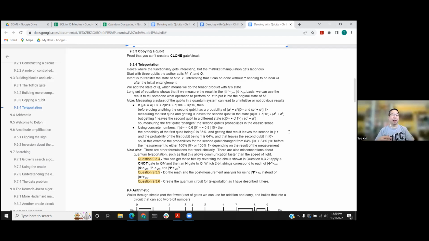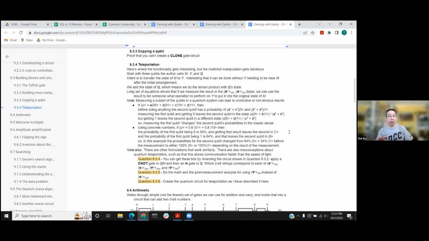In the end, what we do is we take the state of Q and add it to our system, which means we do the tensor product of Q with my state. There's a long set of equations in the section that shows that if you measure the result in the big phi plus, big phi minus basis, in the QM basis, we get 4 possible results.